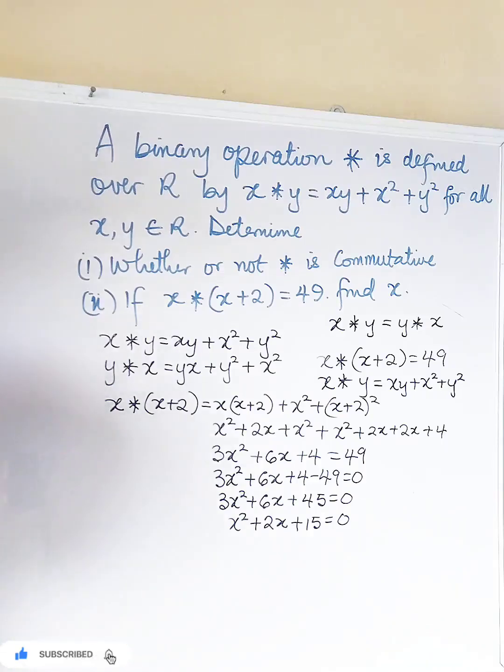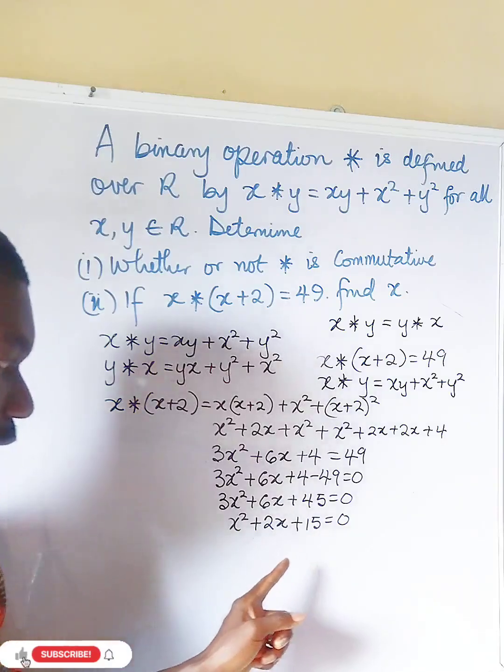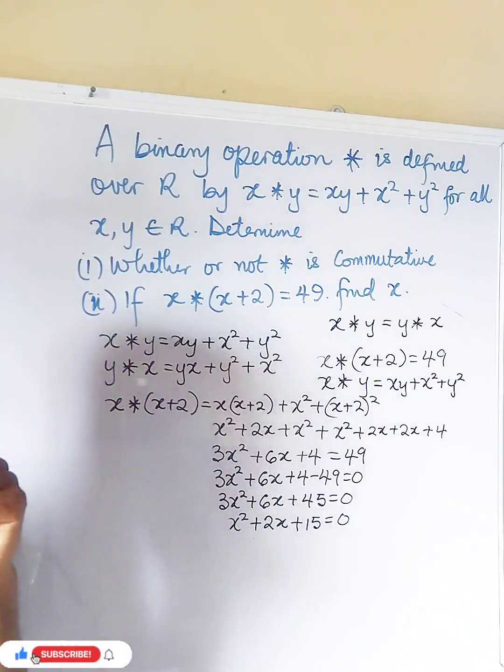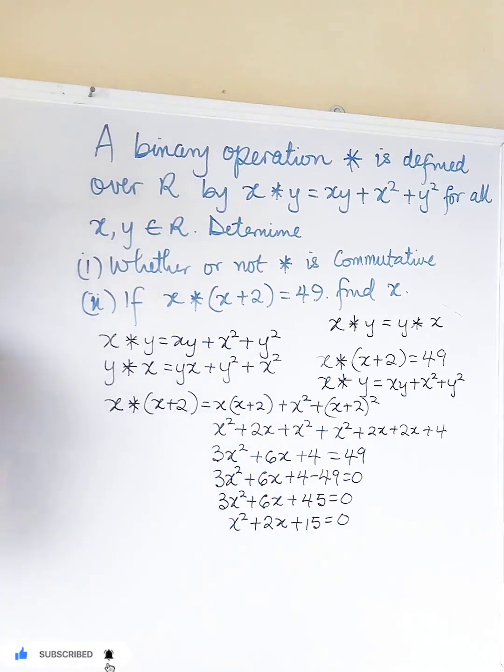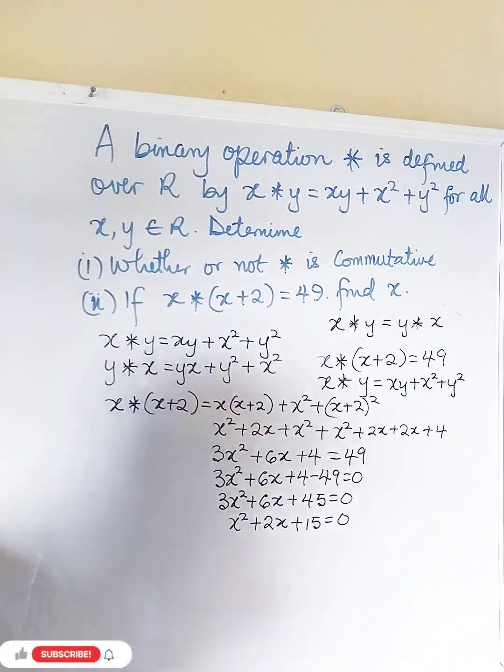So I guess we arrive at a quadratic equation which we need to factorize. So how then do you factorize this? What will you multiply to give you minus 15 and add to give you plus 2? That should give you 5 and 3.